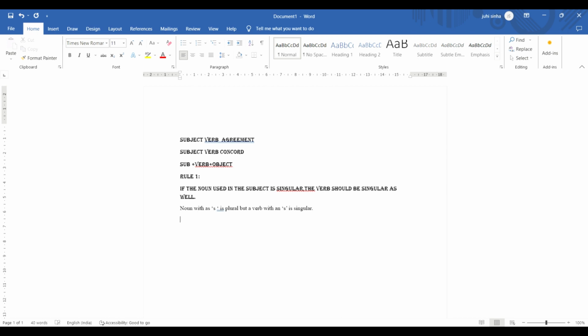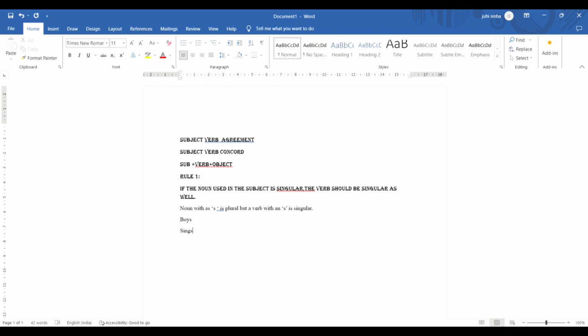Like, for example, if I add S to the word boy, it becomes boys, which means a plural noun. But if I add S to a verb, like for example the word sing, it becomes sings, a singular verb which is to be used with a singular noun.